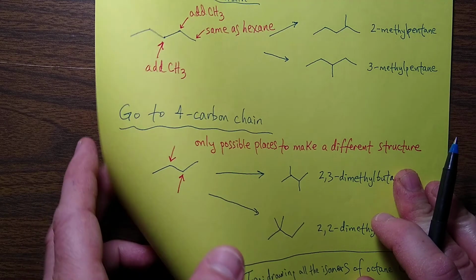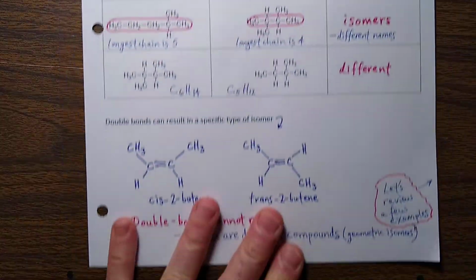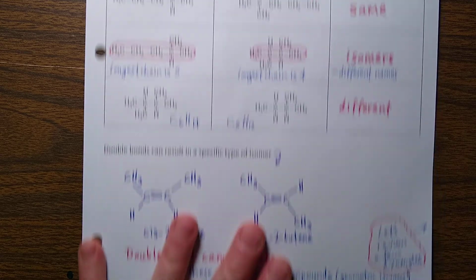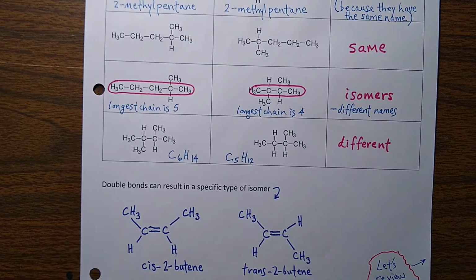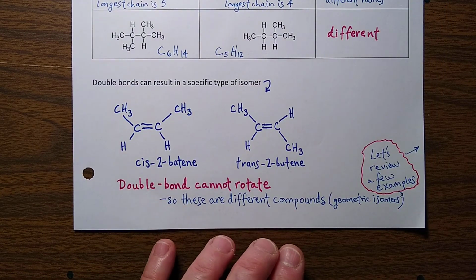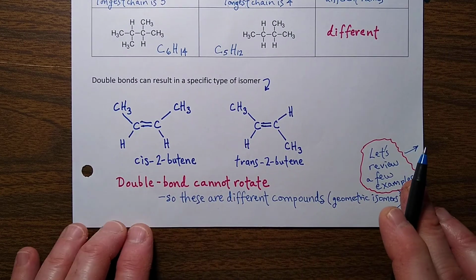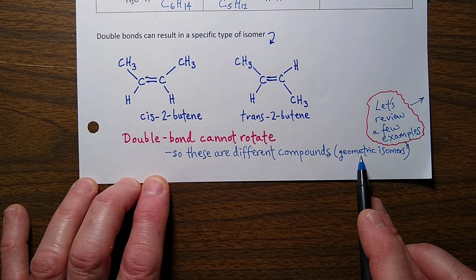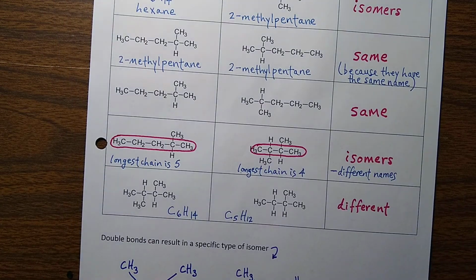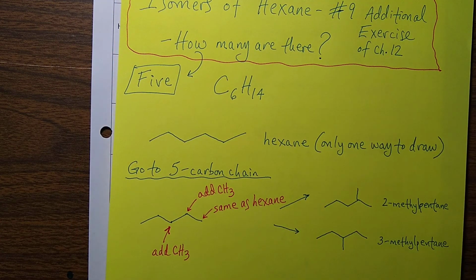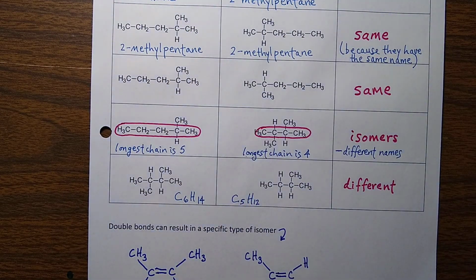Now, going back to the previous piece of paper here, we were talking about saturated hydrocarbons, alkanes, but you can also have a different type of isomerization, called geometric isomers. These things, like I said, are called structural isomers because they only differ in the structure.